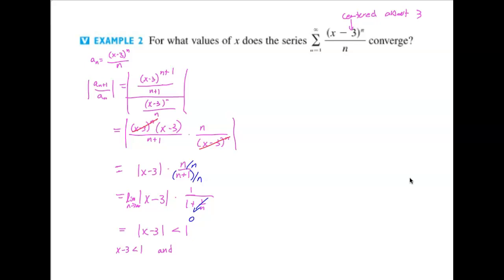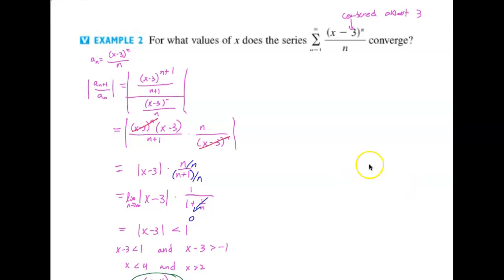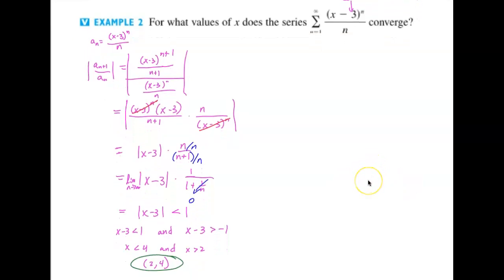And then you negate the right-hand side and flip the inequality. X minus 3 has to be greater than negative 1. Solve both of them. X is less than 4 and x is greater than 2. And so my interval of convergence is from 2 to 4. If x is between 2 and 4, it's convergent.